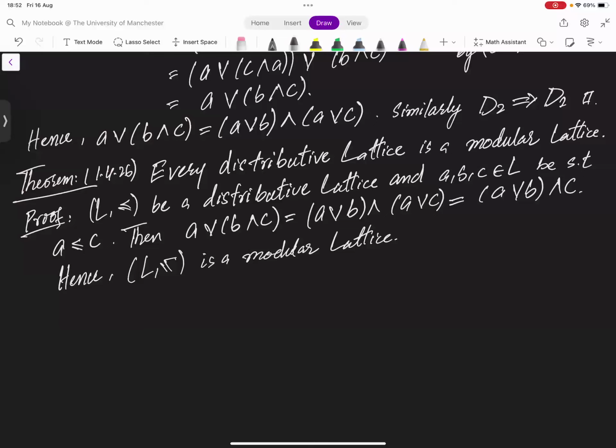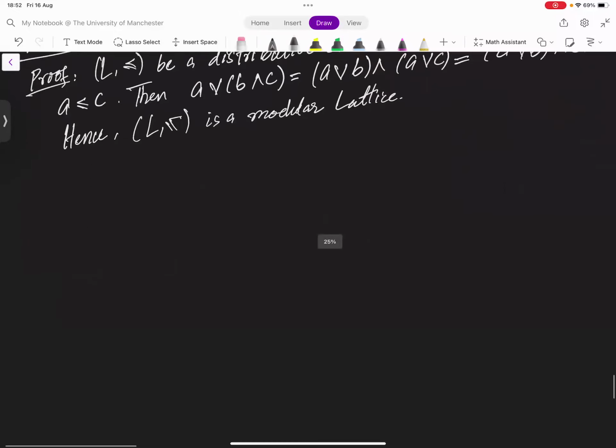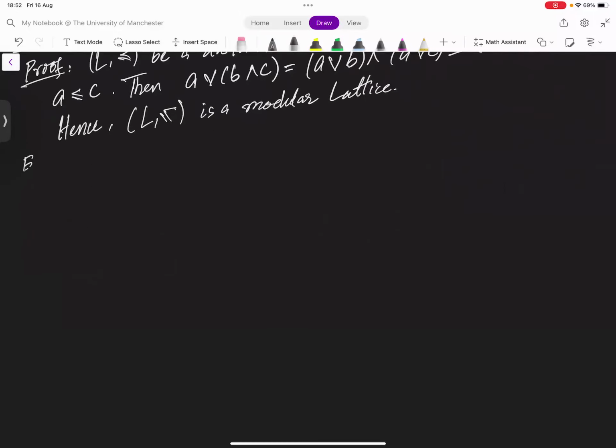Perfect. But the converse may not be true. So every distributive lattice is a modular lattice, but it's not true that every modular lattice would be a distributive lattice. So for example, consider the lattice diagram.